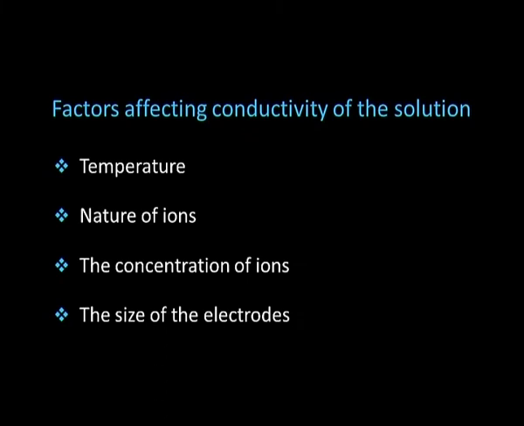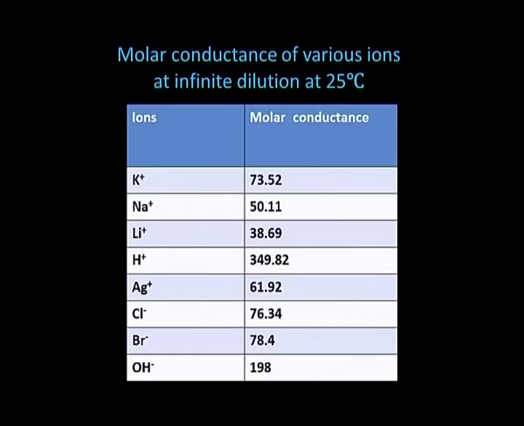ions, the size of electrodes, and here we have a comparison for molar conductance of various ions at infinite dilution at 25 degrees. You can see here ions like potassium, sodium, lithium, H plus, silver, chloride, bromide and hydroxyl ions, the values are changing, starting from 73.52 for potassium ions to 50.11, 38.69.